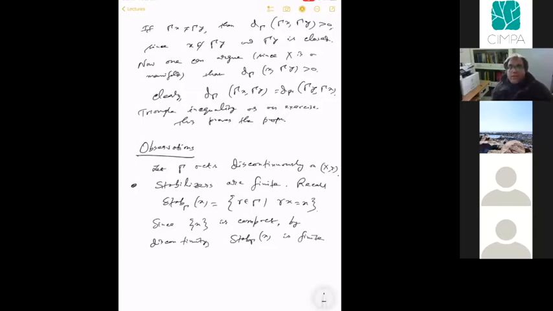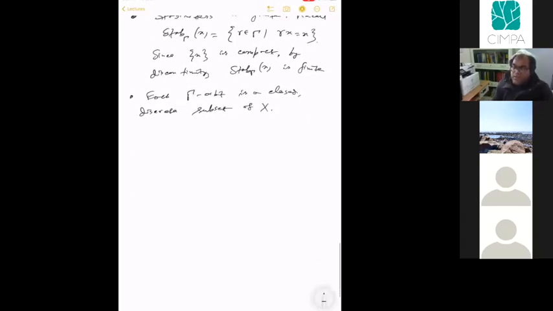And the second assertion: each Γ-orbit is a closed discrete subset of X. Let me prove it.